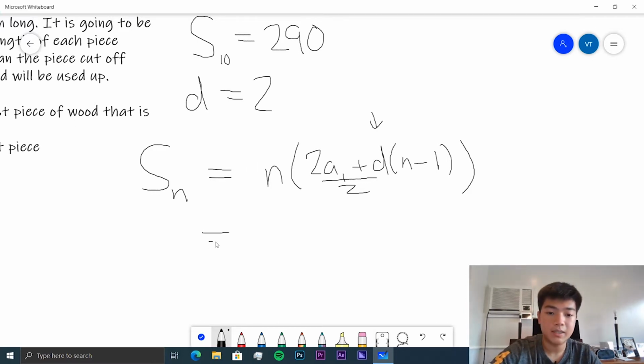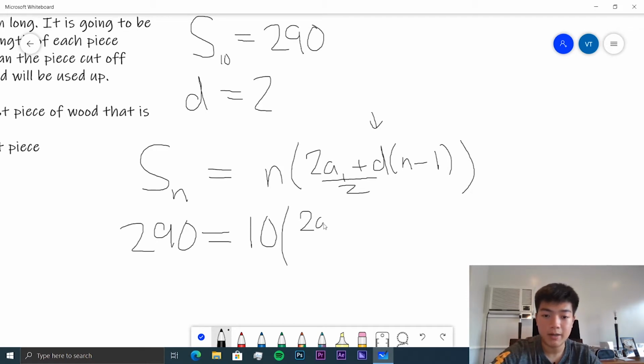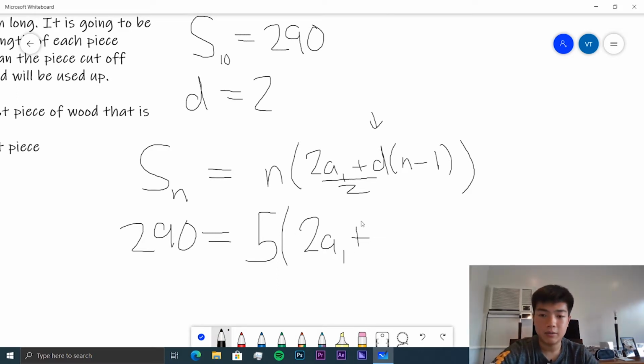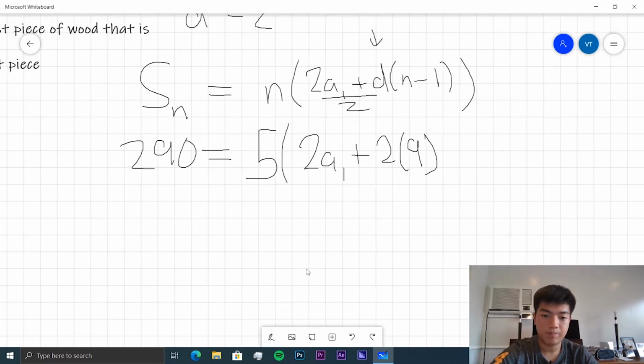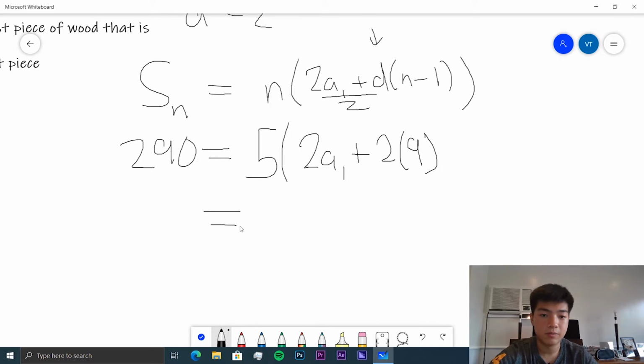So this is equal to 10. We have 290 is equal to 10 over 2 times 2a1 plus 2 times 9. So actually this is just 5 times 2a1 plus 18, which is 10a1 plus 5 times 18, which is 90.